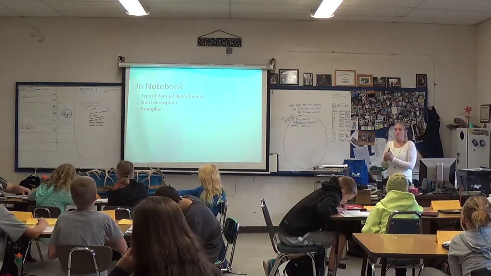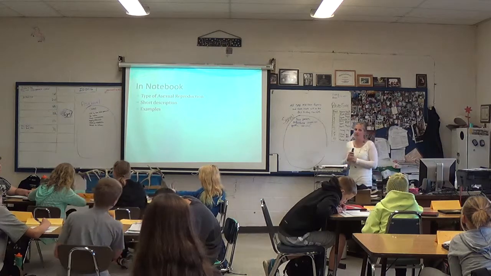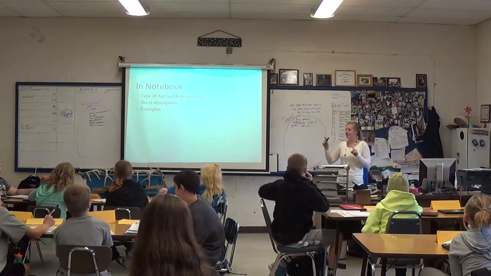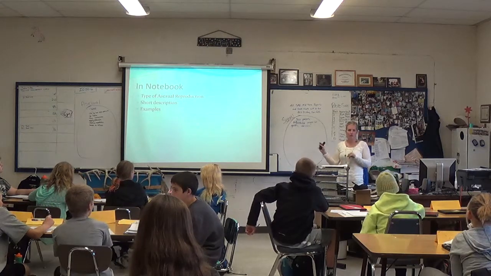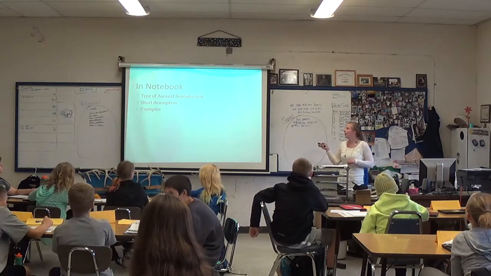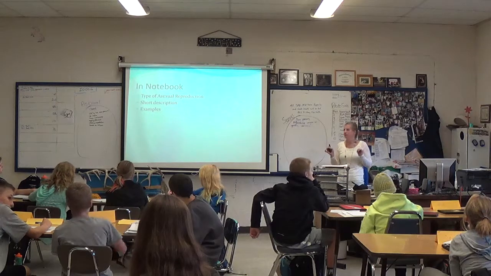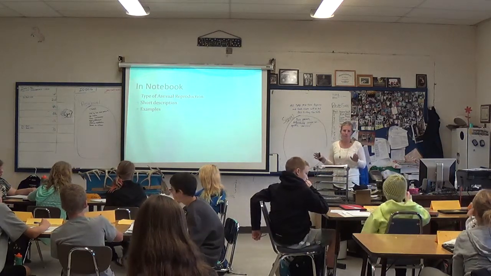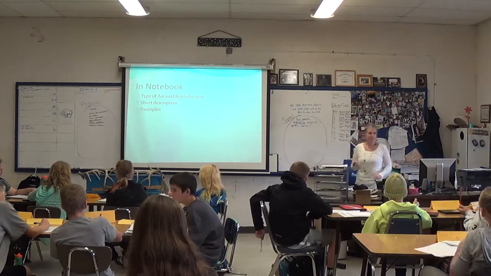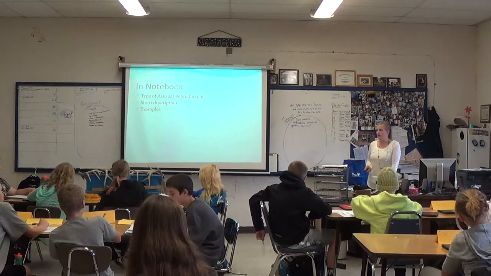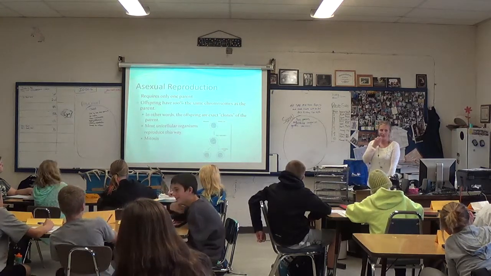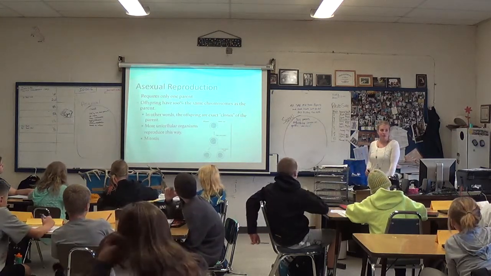Since you will probably be quizzed or tested on this, I would suggest that for each slide, you write down the type of asexual reproduction, which I'll point out when we get to it, a short description of it, and one example. These will be brief. So everybody has their paper out still? Can we take notes on our computer? Yeah.